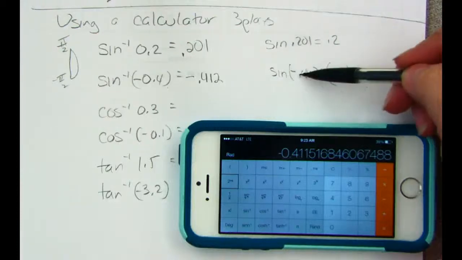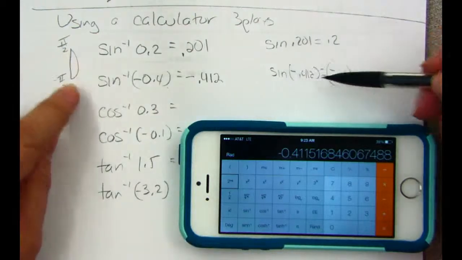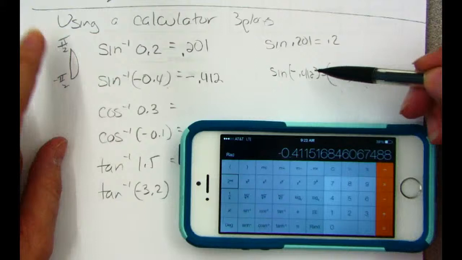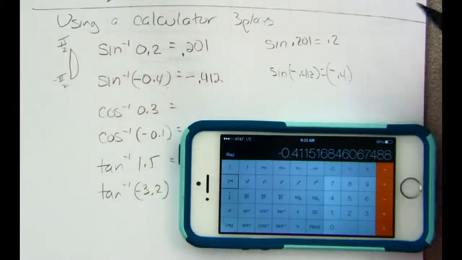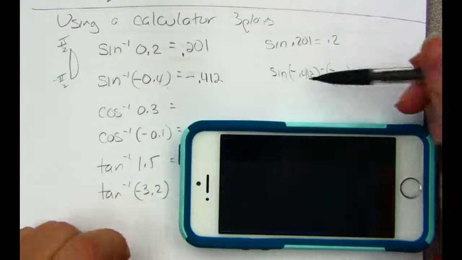So again, I'm down here in quadrant 4, and it should be a negative answer. It does. If I put in a negative angle, it better be a negative answer, because sine is negative down here in quadrant 4. And that's probably only about a 20-degree angle.